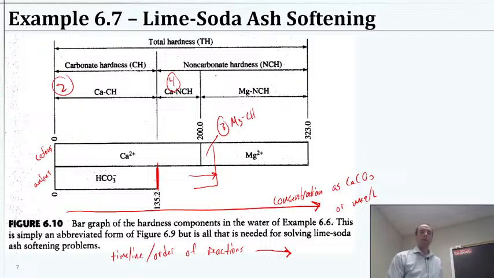And so we would have a segment here that we could write like that. But that doesn't exist in this example, so I'm not going to finish that out. So that leaves us with number 5 here, magnesium non-carbonate hardness.